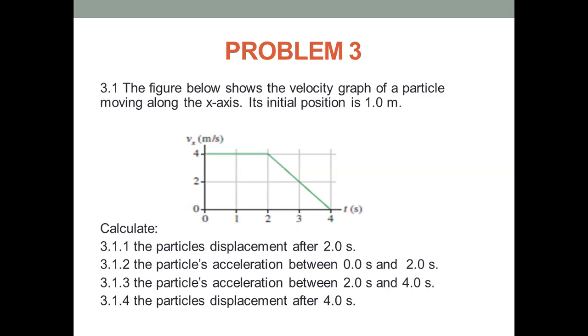Okay, you can see the graph here. It is the graph of velocity versus time. Along the x-axis we have time in seconds, along the y-axis we have the velocity in meters per second. So the first question is to calculate the particle's displacement after 2.0 seconds.